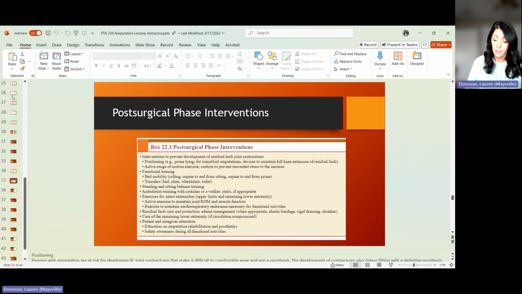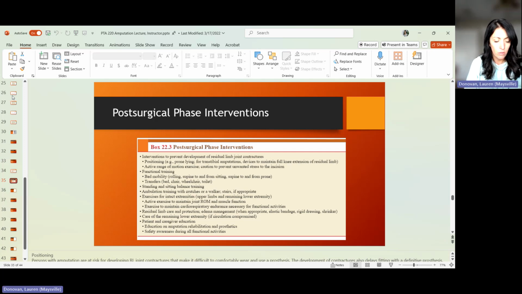I would say multiple times a day if at all possible, and to avoid a pillow under that residual limb while they're lying supine, just like how you would with a total knee replacement. You don't want them to develop a knee flexion contracture if it's transtibial. You also want to avoid them lying sidelying, especially if they have a transfemoral amputation. A lot of times they will automatically get into this contracture of hip abduction just because of trying to maintain balance.